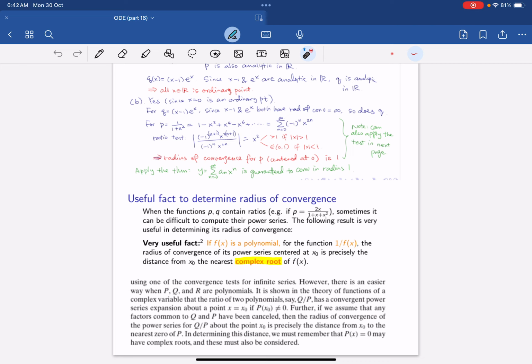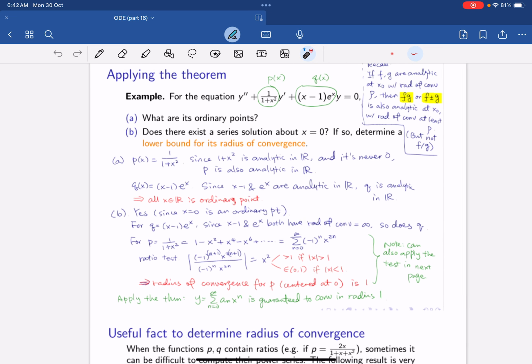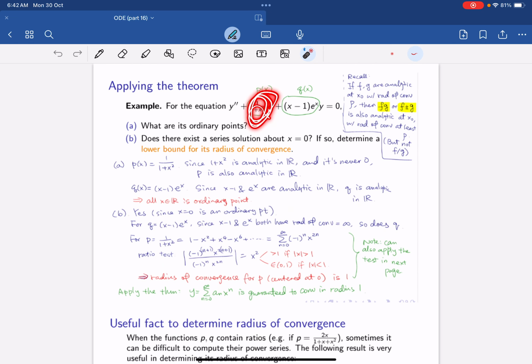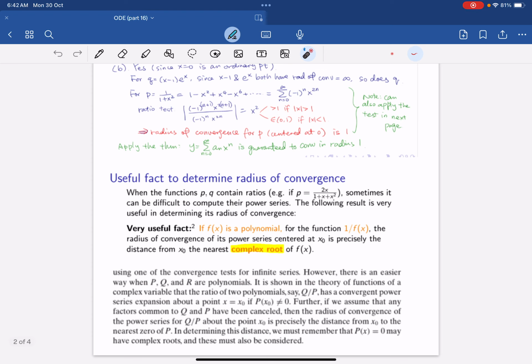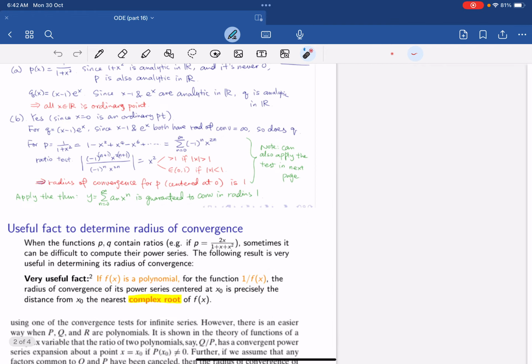So we have a polynomial, like here, the denominator 1 plus x squared. It becomes a rational function and we just need to find the complex root of f(x) equals 0. After doing so, you just take its distance from x0.